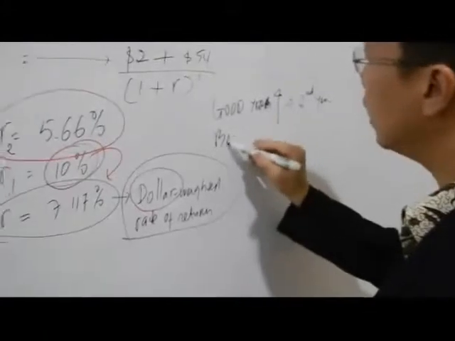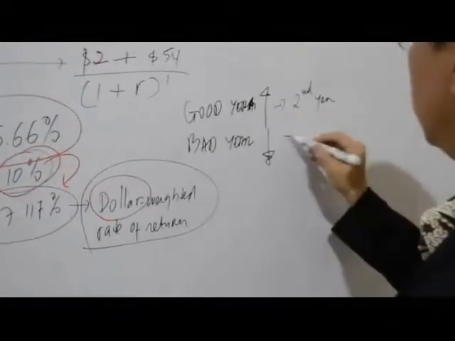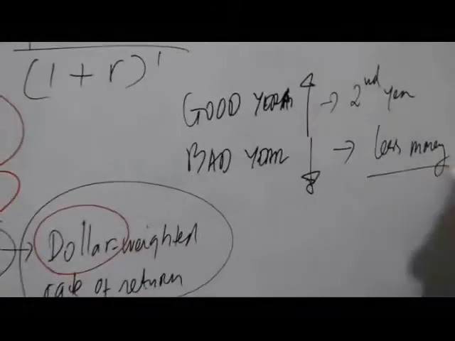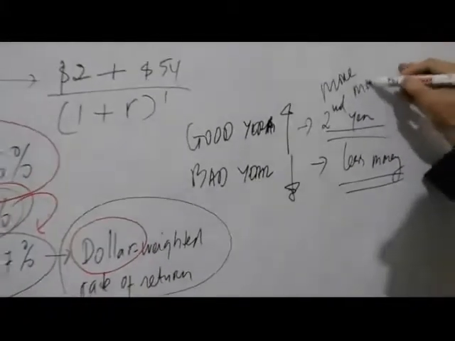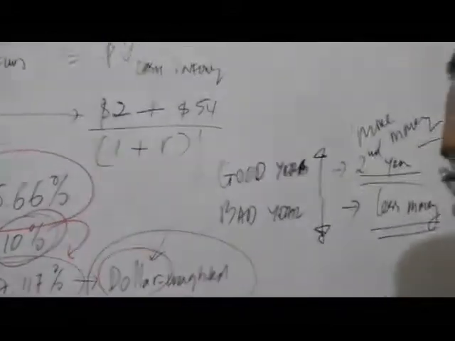But if it's a bad year, then you have less money. This is more money and this is less money because the focus is on the dollar.